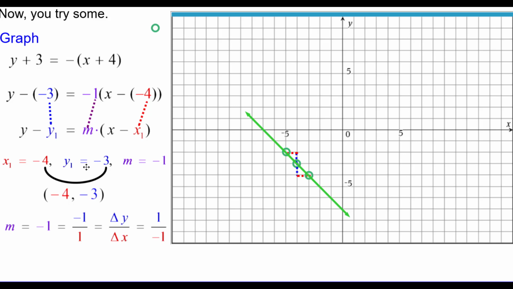Here are the three values that we got for x sub 1, y sub 1, and m, the slope. I plotted the point negative 4, negative 3. And I used the slope down 1, right 1, or up 1, left 1 for this way to rewrite negative 1. And there's our line. Pause as needed. Resume when you're ready.